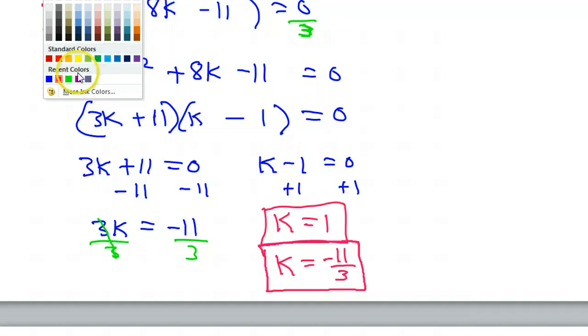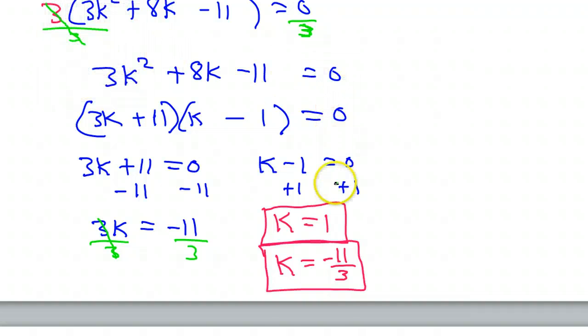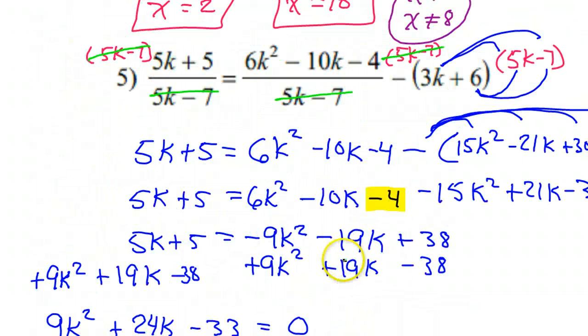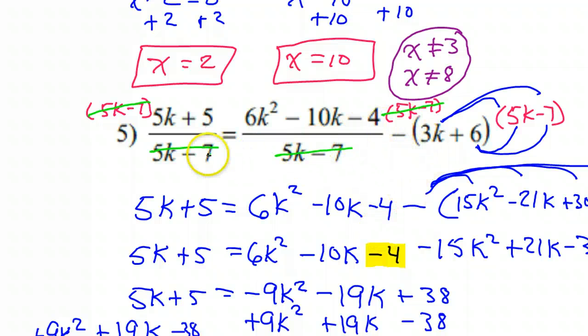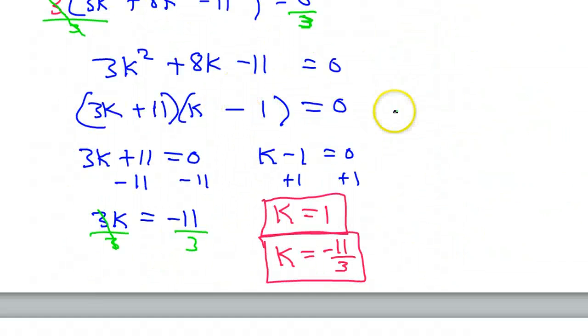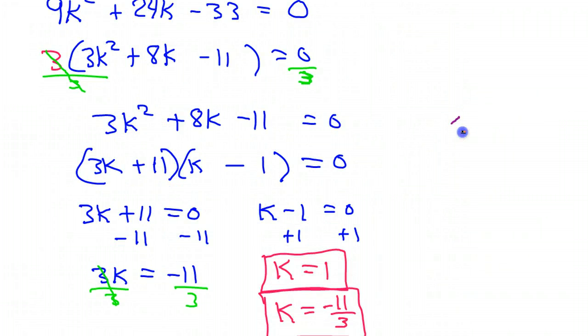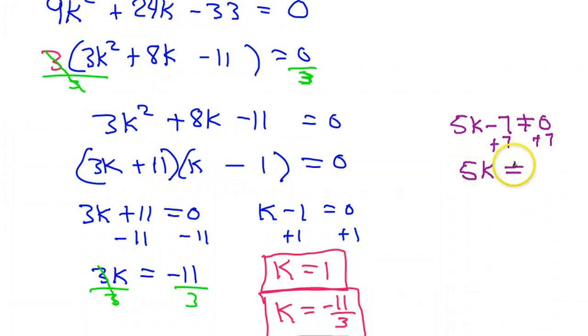Alright, now let's note the restrictions. Okay, well I just have the one denominator, so 5k minus 7. So my restrictions will come from that. So 5k minus 7 cannot equal 0. So adding 7 to both sides, that tells me that 5k cannot equal 7.